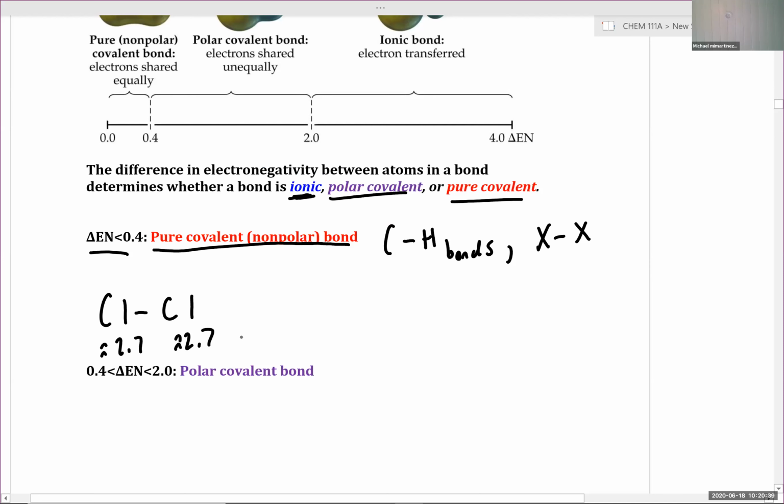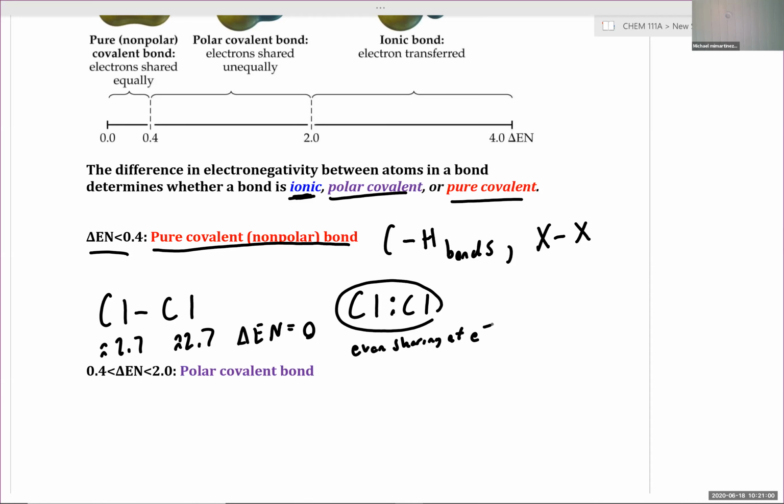Since they're the same element, our difference in electronegativity is equal to 0. So between our two chlorine atoms, we have an even sharing of electrons. This is as pure of a covalent bond as you can get. There's a straight even sharing of electrons between your atoms in this chemical bond.